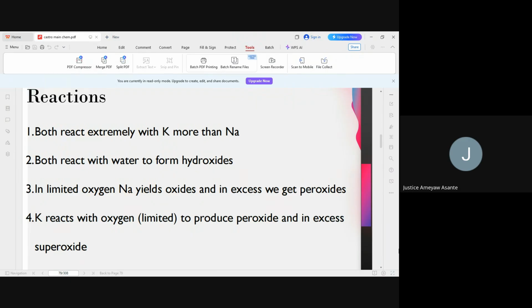If the oxygen is in limited amount, the oxide formed will be sodium oxide, which I've already illustrated for you. So in limited oxygen, sodium yields oxide, and in excess, we get peroxide. Potassium reacts with oxygen in limited amount to produce peroxide, and in excess, it gives you superoxide.